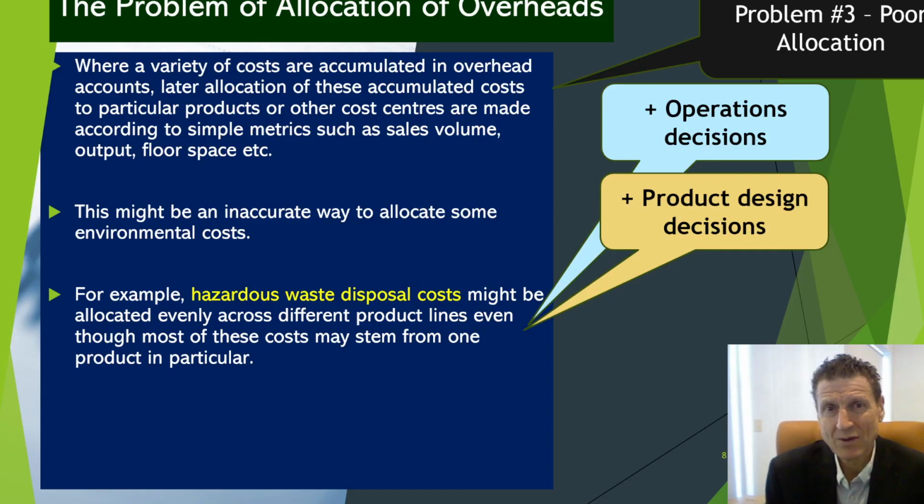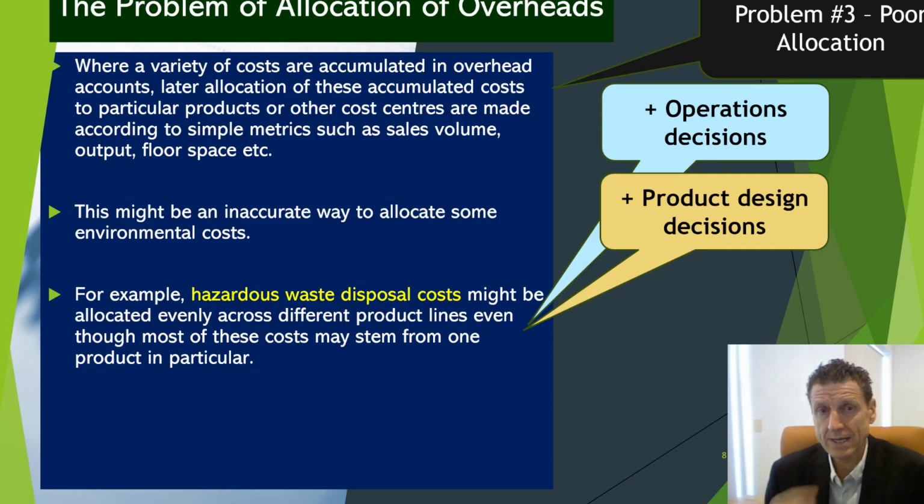We want to directly allocate, or work out the cause and effect of that waste and associate that with a particular product. Because in the end, we might decide strategically, let's drop product C because the environmental footprint of this organization is just too large, and let's just continue with product A and B. Or alternatively, it may get us to think, product C is actually creating a lot of waste.